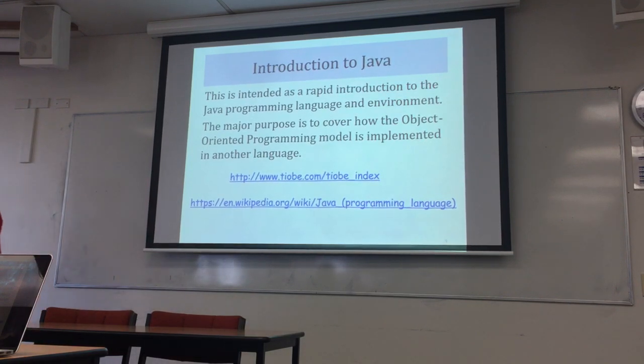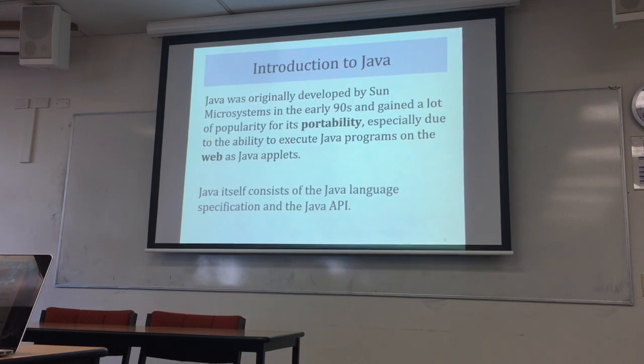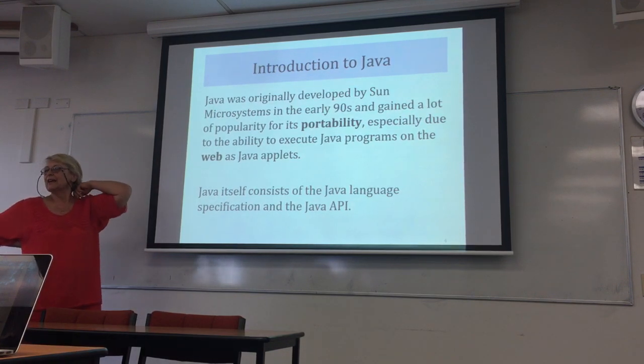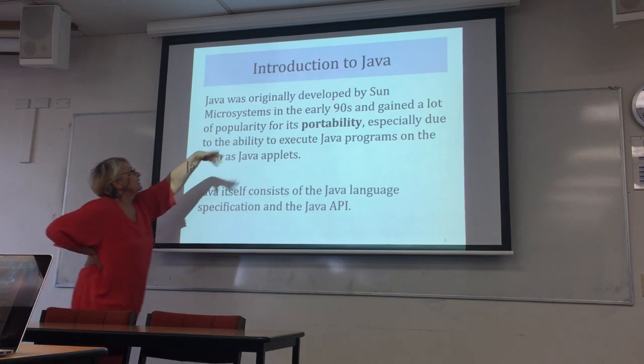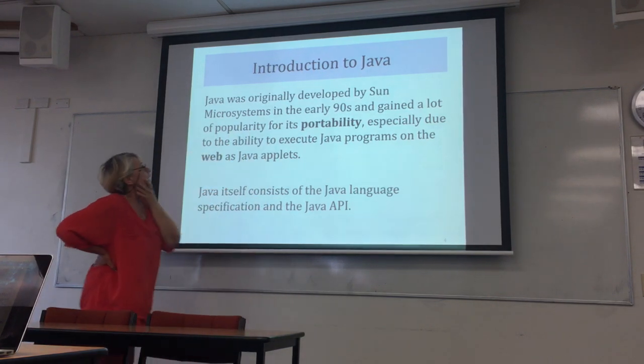Wikipedia has an overview of the language where you can find reliable information. Java was developed by a different company, and now it is handled by Oracle, to which it was sold by Sun.